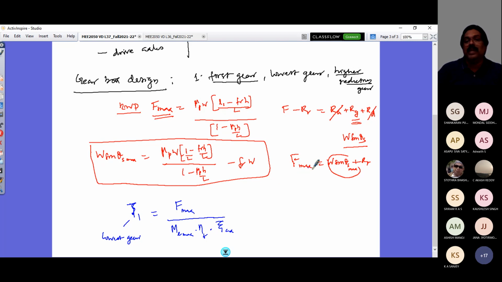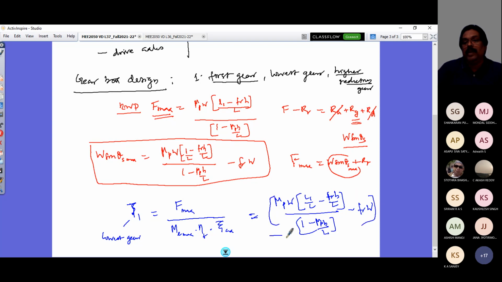I substitute these two terms: μp W L1/L minus f_r h/L over 1 minus μp h/L, minus f_r W, as the numerator, divided by Me max times the transmission efficiency times the axle ratio. This is what decides my lowest gear.